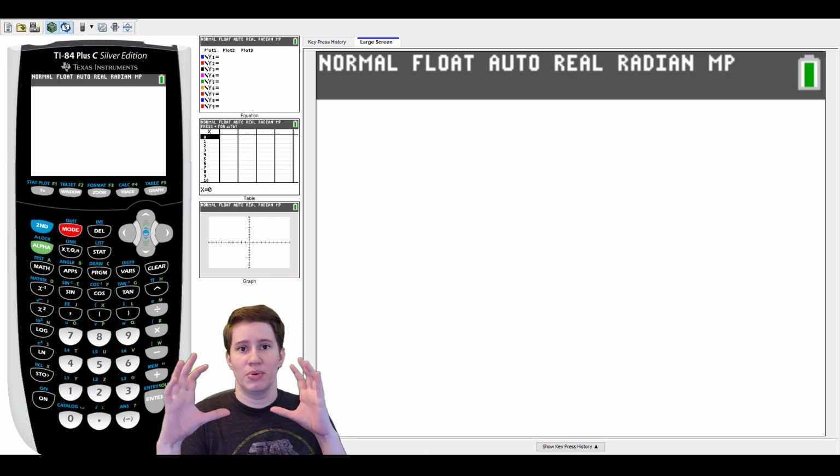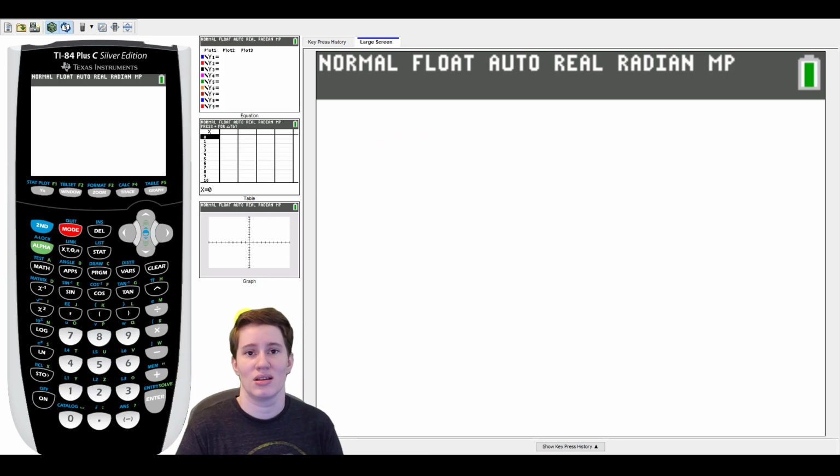We've got a big screen that I think my face is probably in front of, that shows what is happening on the calculator, and then we've also got these little screens that will show us what is in a couple different places, which will be handy here in a second. But if you want to grab your calculator and follow along with some of the stuff we do, that might be super helpful. So step number one is to turn on the calculator if you haven't already.